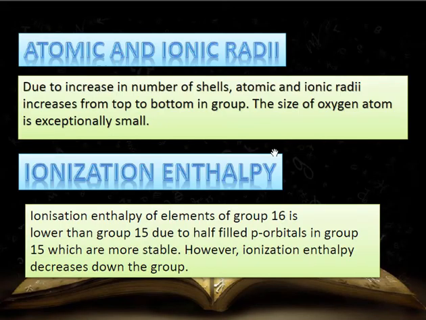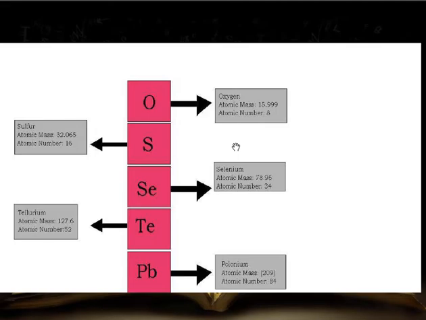As we can see here, oxygen has the atomic number of 8, sulfur has the atomic number of 16, and selenium has the atomic number of 34.